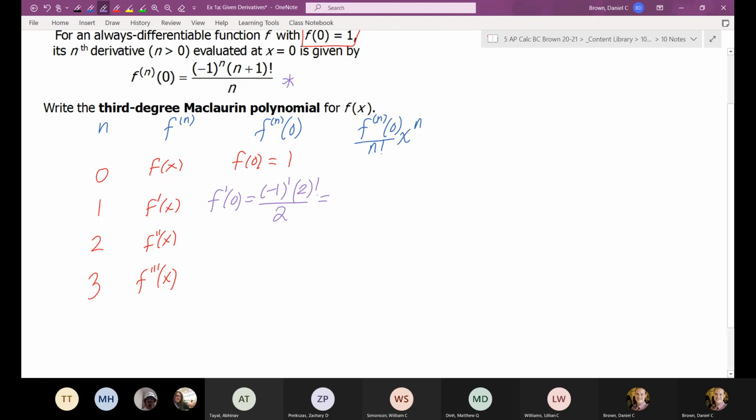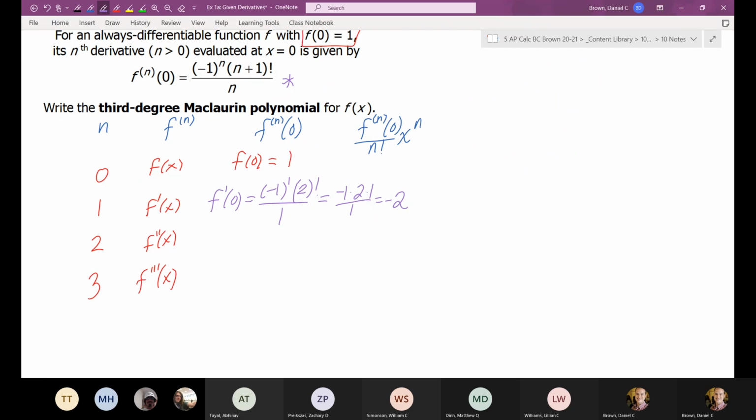What is that going to simplify to? We have -1, basically just -1, right? The 2 came from because I can't plug in things correctly. Try again. n is 1. Simplifying that, -1, 2 times 1 over 1. There we go. Negative 2.